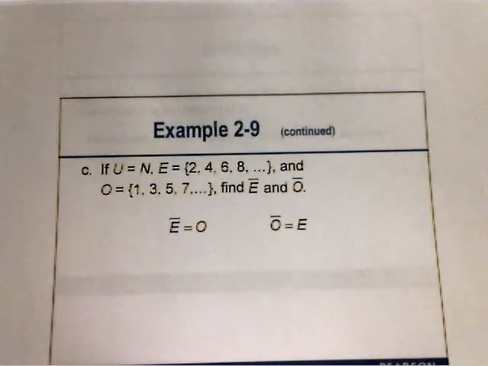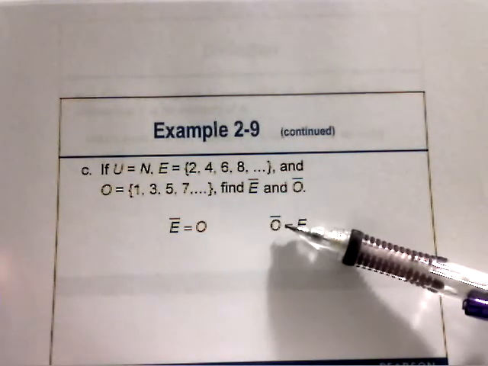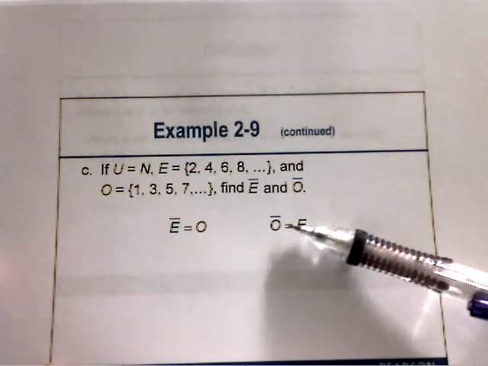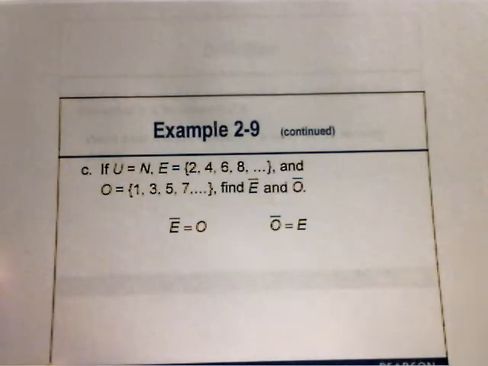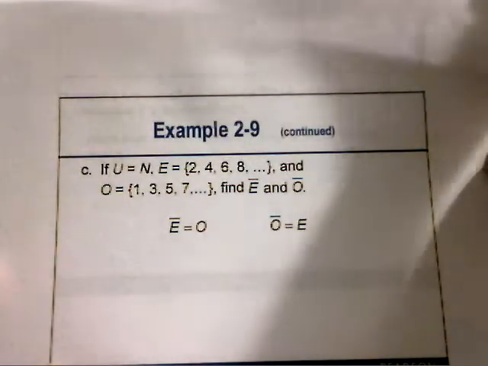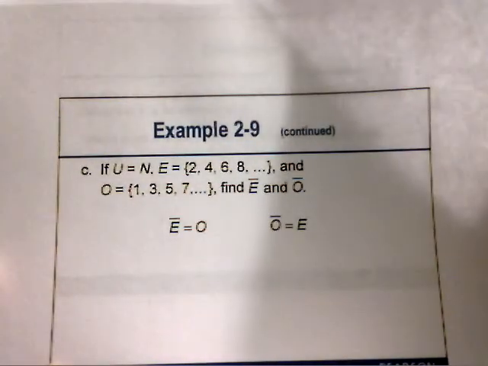Because if you take out all the even numbers in the set of natural numbers, you're just left with the odd numbers. And also, with O complement, you're removing from the universal set all of the odd numbers, which means you'll be left with the set of all even numbers. Okay.